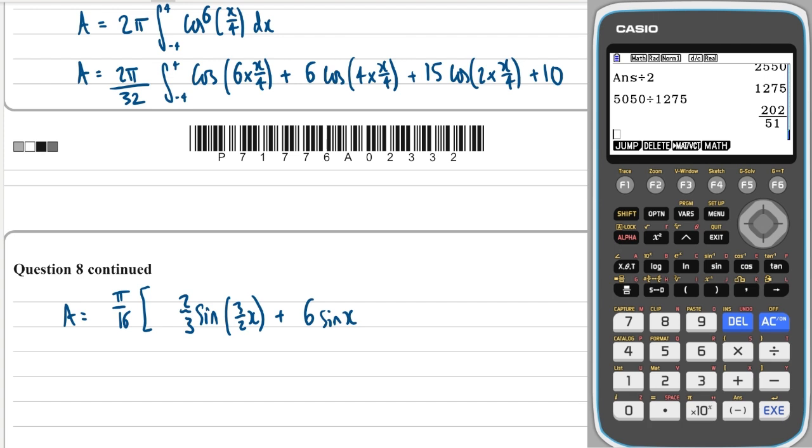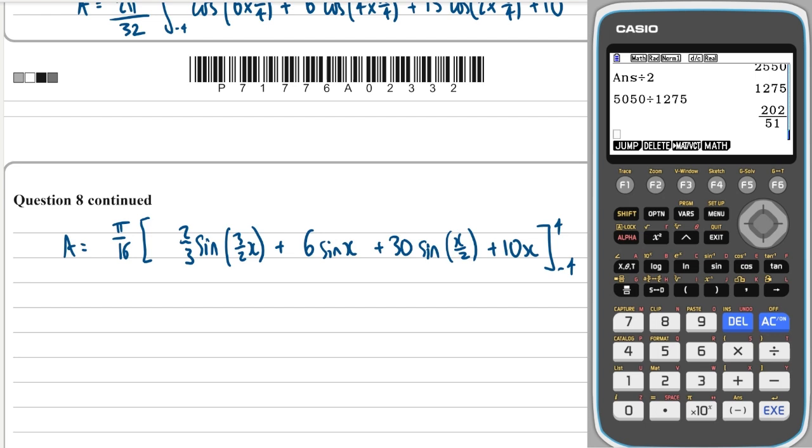So when I integrate, I will divide by a half, which is the same as timesing by 2, so that'll be 30 sine of x over 2, and then 10 will integrate to 10x. Close that up between 4 and minus 4.